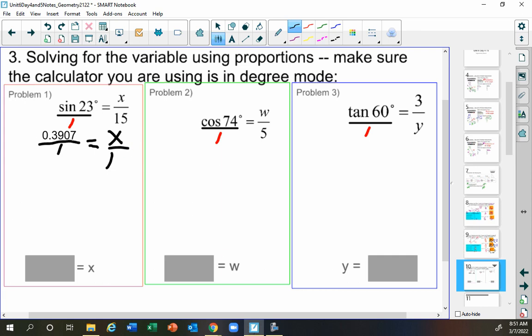Now, do we have enough information to solve for this x? We do. We solve for that x.